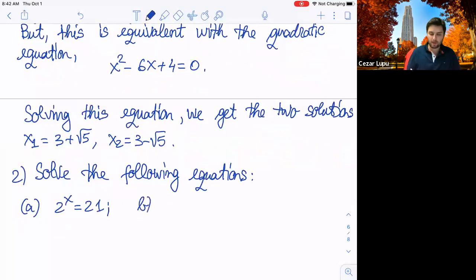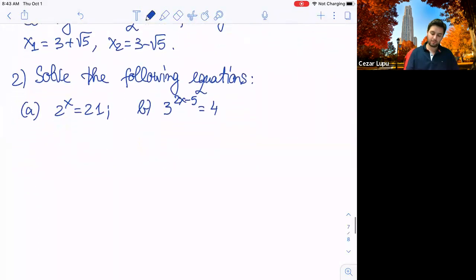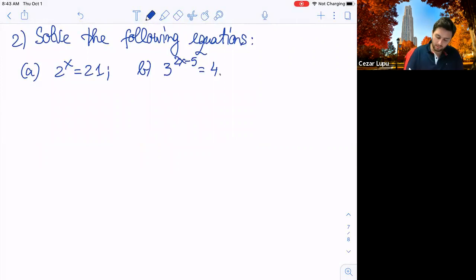And the second one is, let's say, because I would like to write this in a logarithmic way, 3 to the power 2x minus 5 equals 4. Okay. Let's see this. All right.